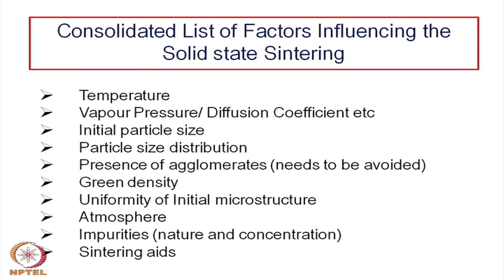The idea is to make finer particles, from microfine to now nano size particles. These nano size particles obviously have a faster rate of sintering, and you can get better theoretical density or densification by a sintering process.